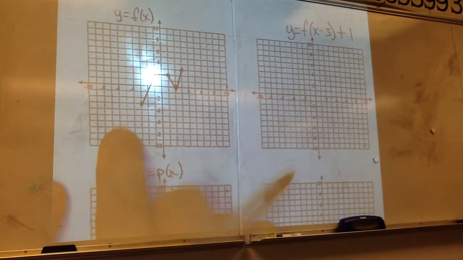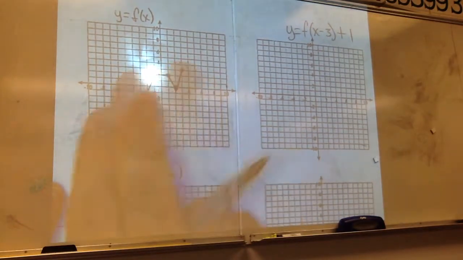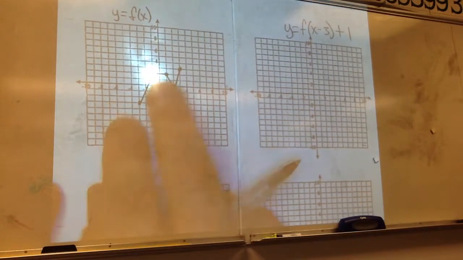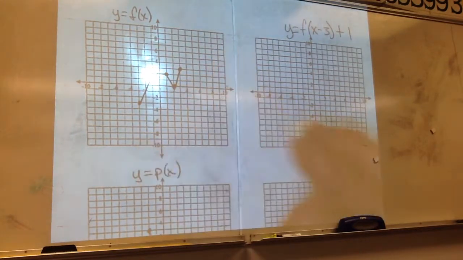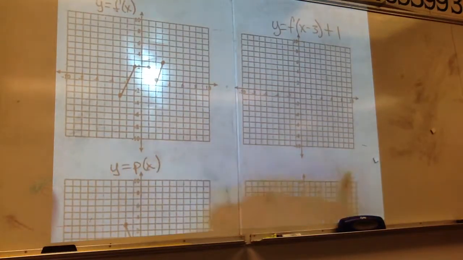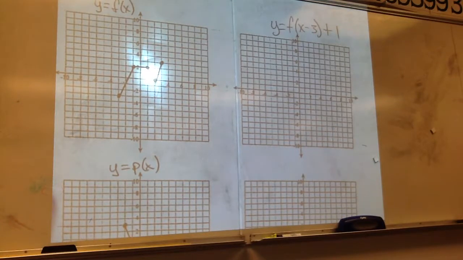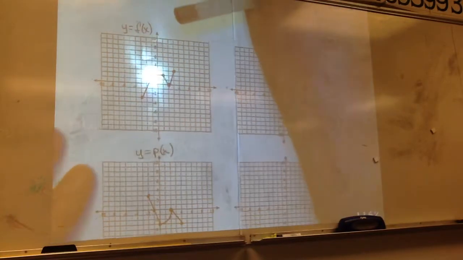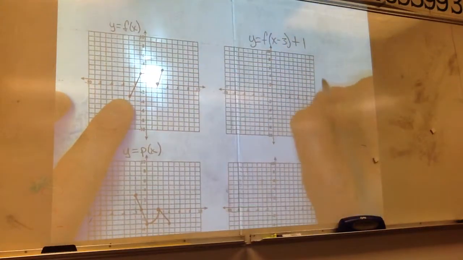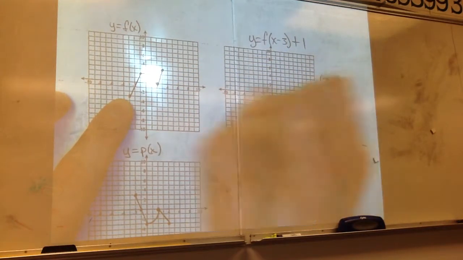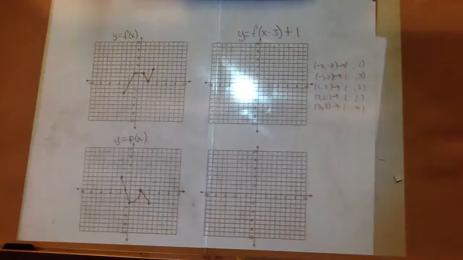What happens to that whole thing? Shifts which way? To the right 3 and up 1. If you want, it might be best to write down the points and then write down the new points. Because some of them are given to you as just points. So you could be like, oh, this is -3, -3. This is -1, 2. Yeah, you got it, guys.